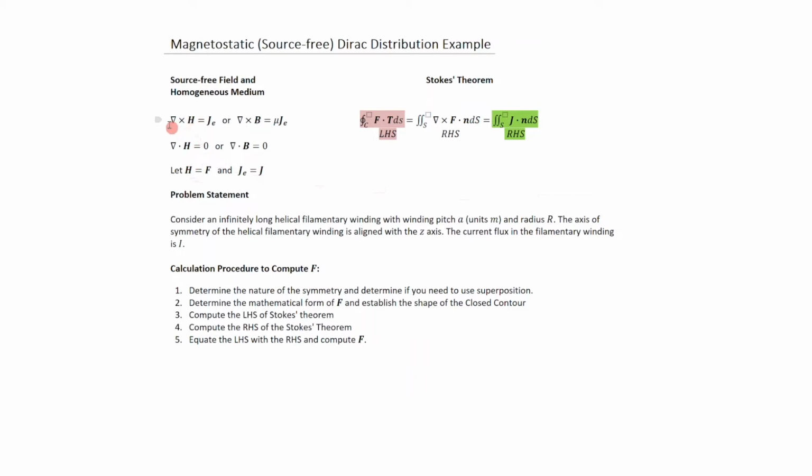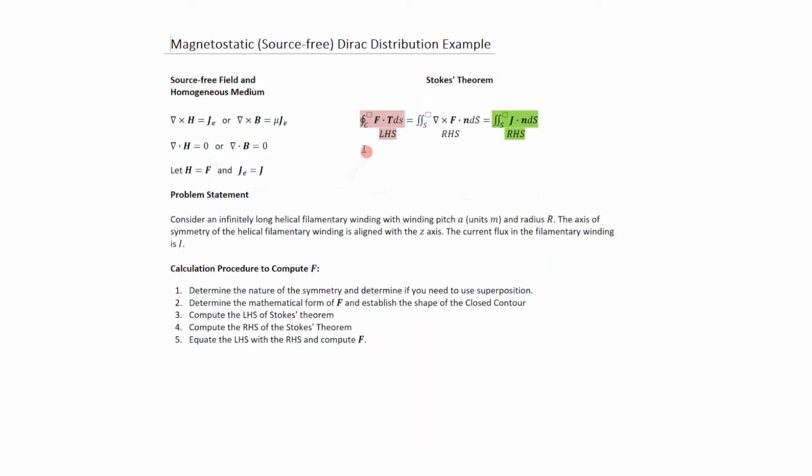In both cases, there's a curl of a field and a divergence of a field. In our case, we're going to work with the magnetic field H, and we're just going to give it the label F, and we're going to refer to the label J subscript E as just capital J. That's for the current flux density, just to reduce the amount of nomenclature being used.